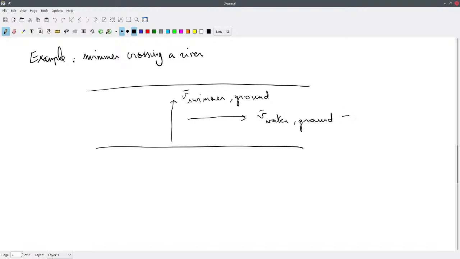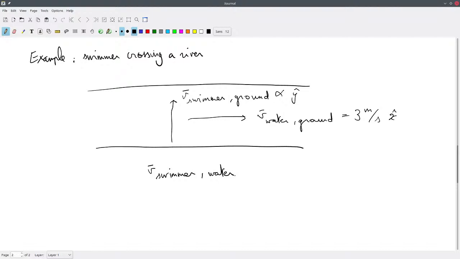I'm going to add some numbers here, by the way. If this is 3 meters per second, and let's call this the x direction. And if I want this to be along the y direction, then we'll want to know what is the velocity of the swimmer with respect to the water. And I'll know two things.